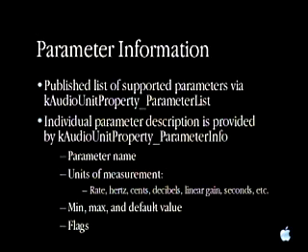And information such as the name of the parameter, what units the parameter uses, whether it be hertz, cents, decibels, whatever, min, max, and default value for that parameter, and some flags as well. And the information provided by this property could be used by a client to put up some kind of user interface representing this particular parameter.